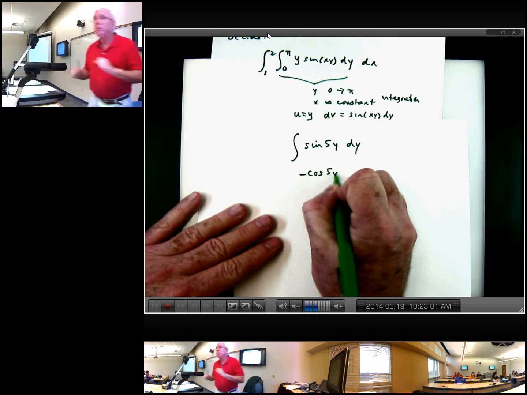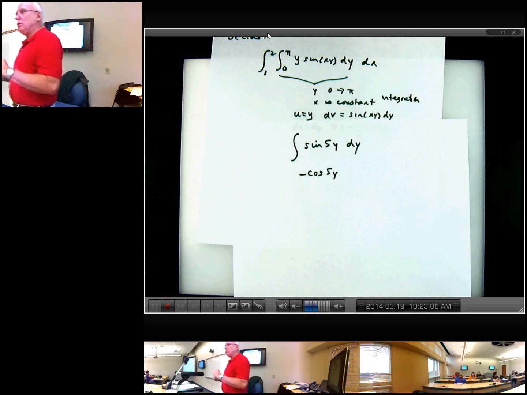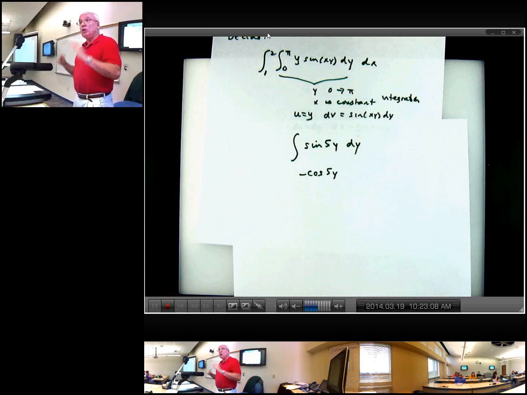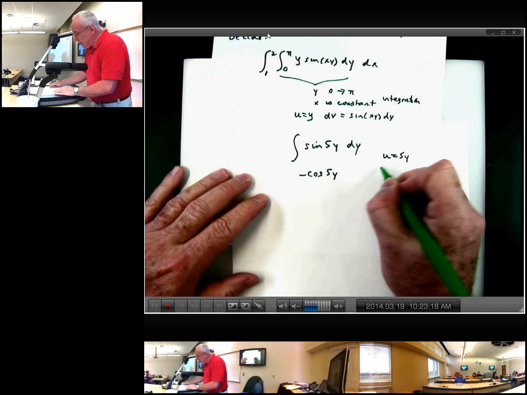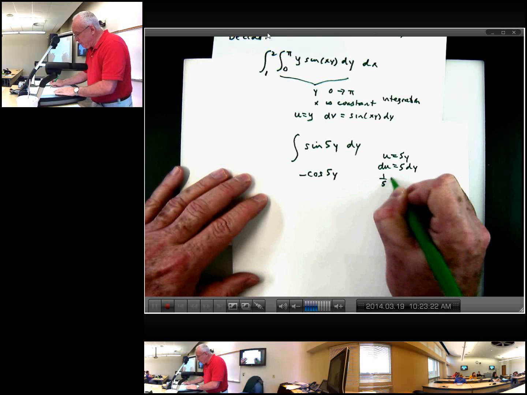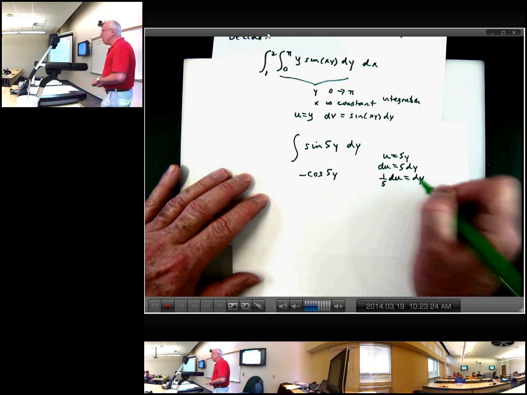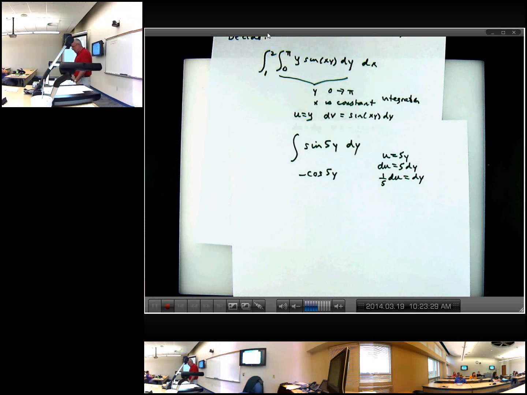But remember that little fast trick that I told you guys. You could do a formal U substitution to evaluate this antiderivative, where you let u equal 5y, du equal 5 dy, 1 over 5 du equals dy. You can go through all that process if you just love to write stuff down.